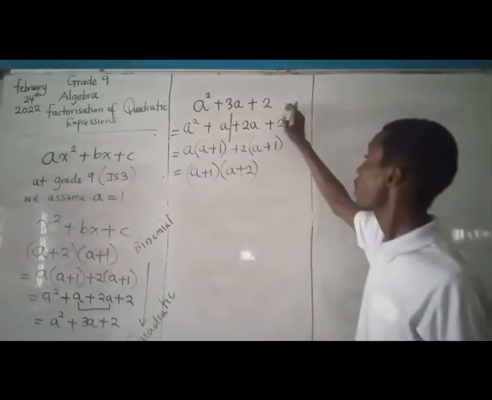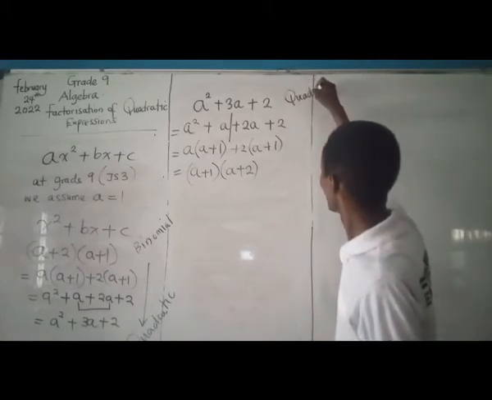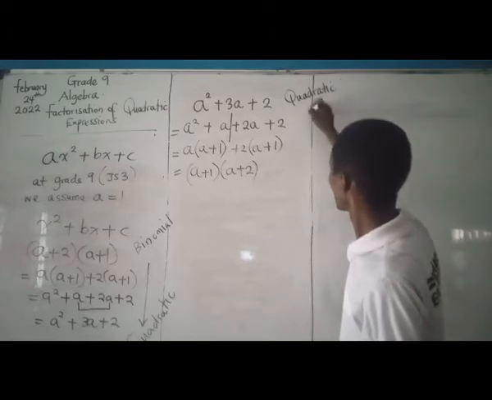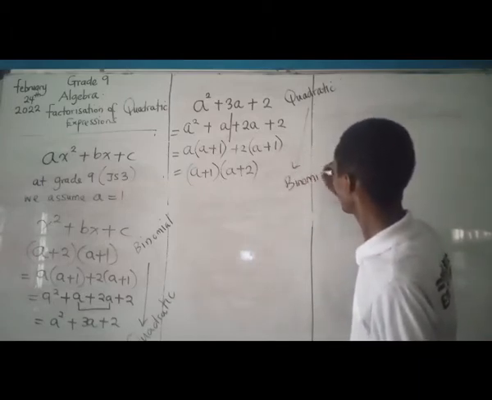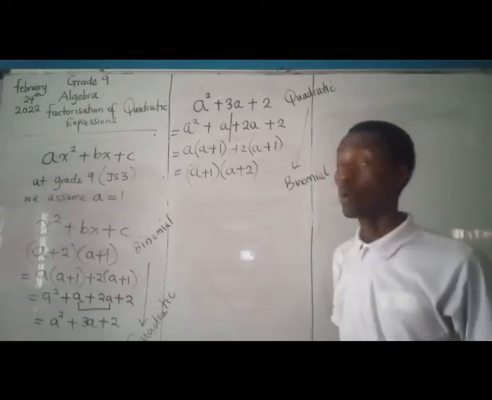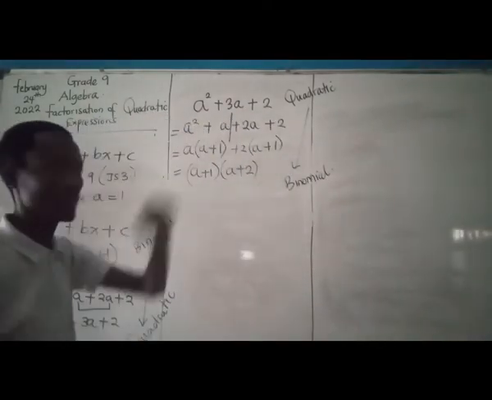But over here, we are moving from quadratic to binomial. We're moving from quadratic to what? Binomial. So let's take this expression once again.